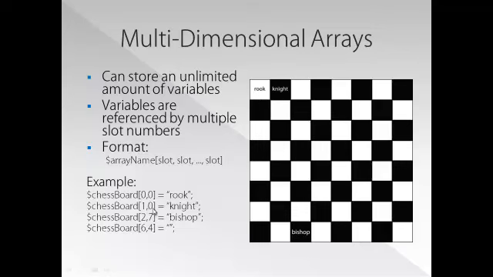Knight, 1, 0, would be here. Bishop, which is 2 columns over, 7 columns down, is right here. 6, 4, which is a null string, is the default value and is all these squares.